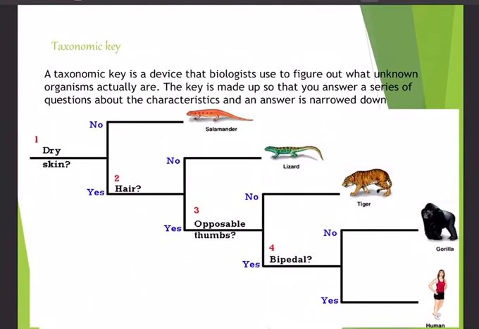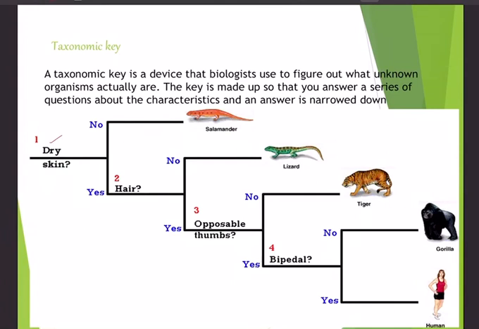Let's take one example. A taxonomic key is a device that biologists use to figure out what unknown organisms actually are. The key is made so that you answer a series of questions about the characteristics and the answer is narrowed down. For example, take the character dry skin.